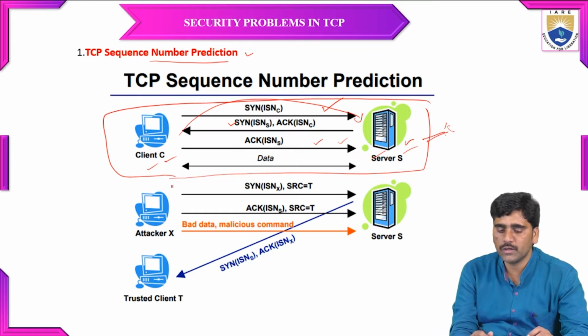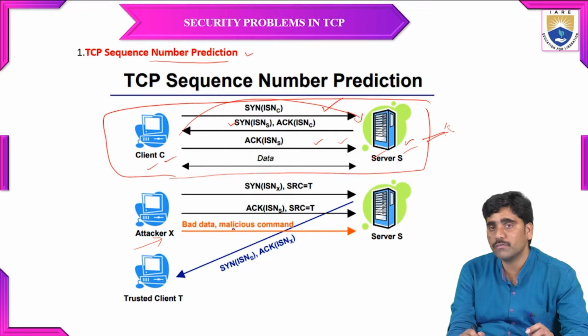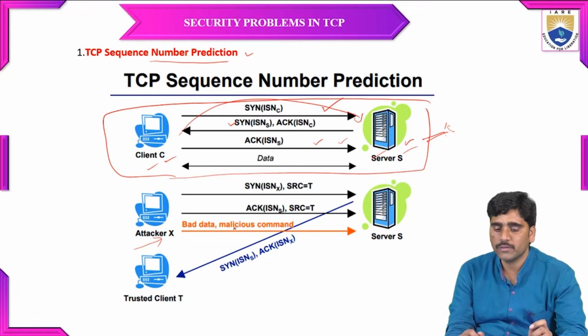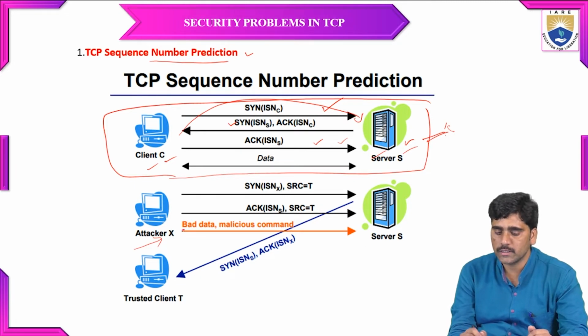So now what will the attacker do? How does TCP have a security issue over the transmission of the data? Here is the attacker X, the trusted client T, and the server.